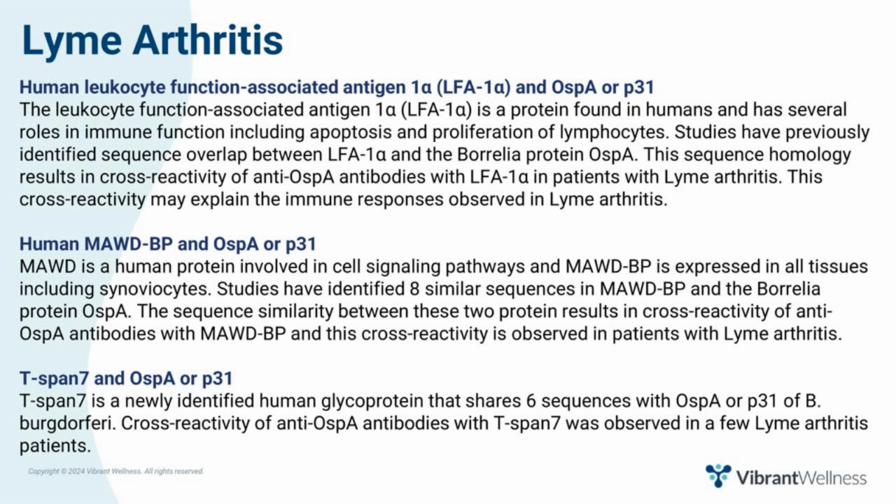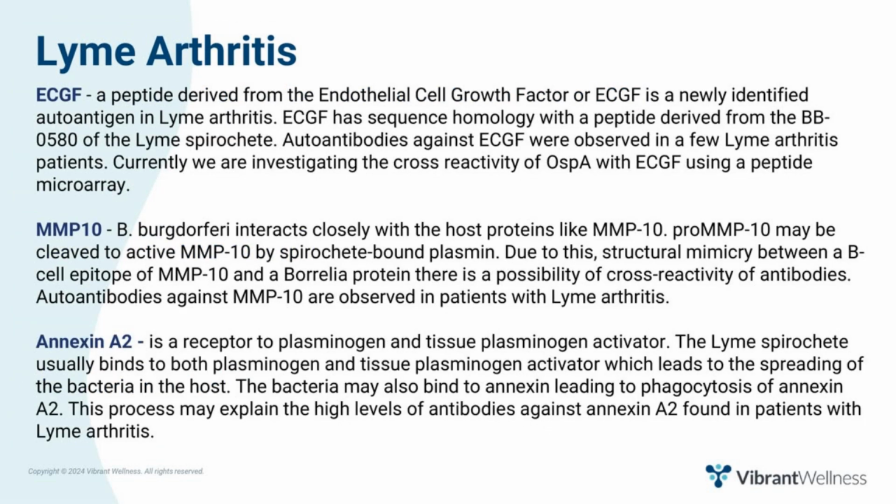But now, because of the peptide microarray, we're able to actually test for this, to see whether there is cross-reactivity that can explain the immune response happening in Lyme arthritis. So we have 6 in Lyme arthritis, those 3 and these 3, that are all going to be helpful for us to determine the autoimmune sequela happening in the arthritic realm.